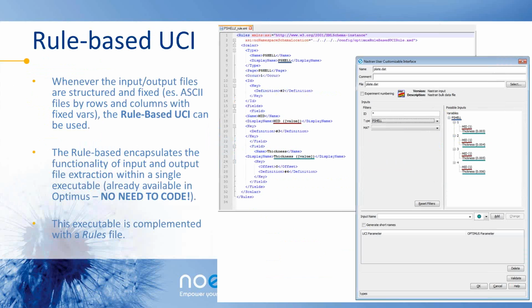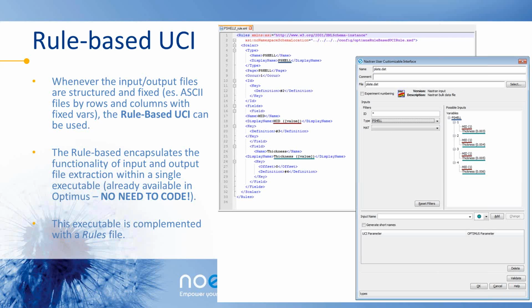As the last slide of this presentation, we have another way of defining a UCI, both for the input and for the output. It's a rule-based UCI, and in this case you really don't need to write a single line of code.